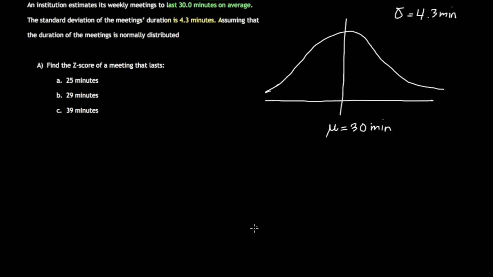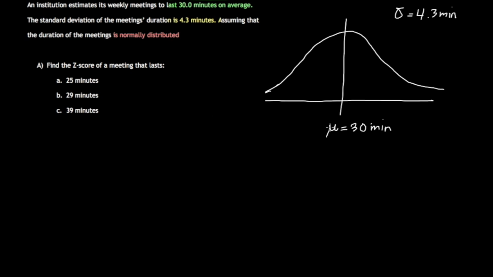There's one more piece of the puzzle that is very important that we cannot omit, and that is that the duration of the meetings is normally distributed. Why is this so important? Because this is going to allow us to use this bell-shaped curve.